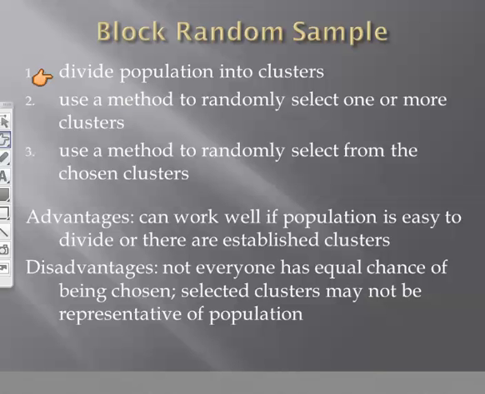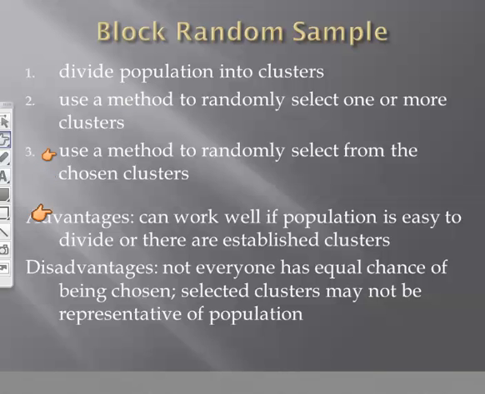And you could say that the white males are on one side, the black males on another side, the Latino males are on another side. These would be different clusters that you would have. And then you use a method to randomly select one or more of the clusters, and use a method to randomly select from the chosen clusters.